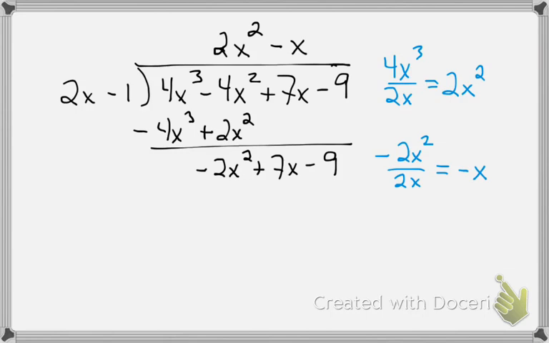And then what do I do with that minus x? Multiply it by the divisor, 2x minus 1. So that gives me negative 2x squared and then plus x, right? And then we're subtracting, so flip your signs, right?